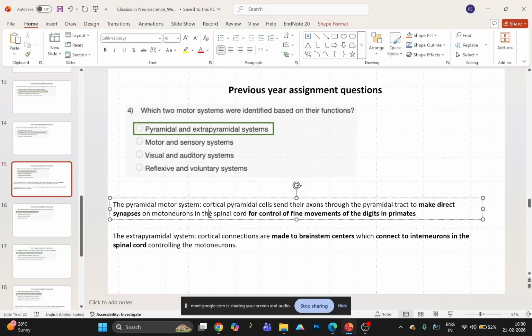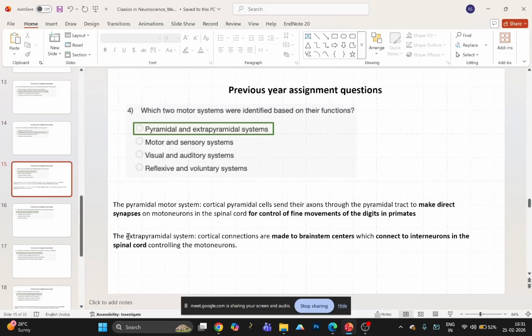These direct connections help in controlling fine movements in the digits. Digits means basically the fingers and the toes. So to control the fine movements of the digits in primates, these pyramidal motor systems are responsible.